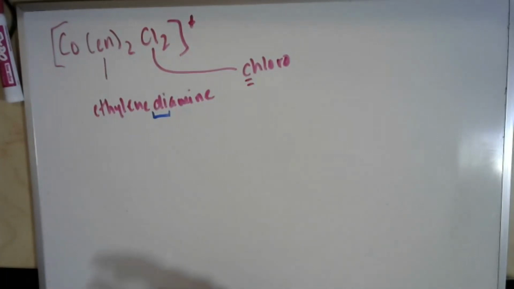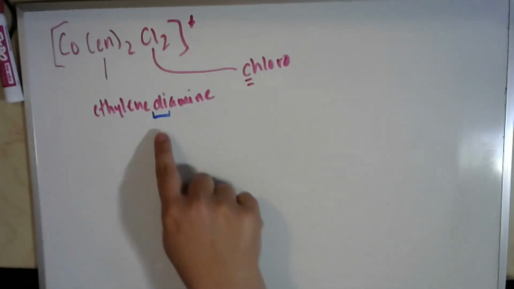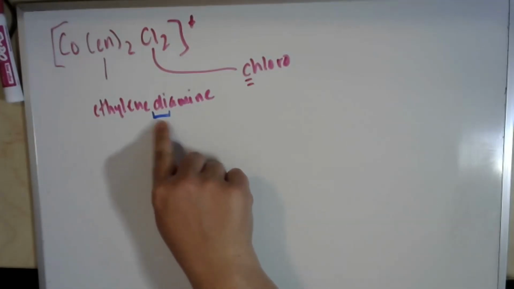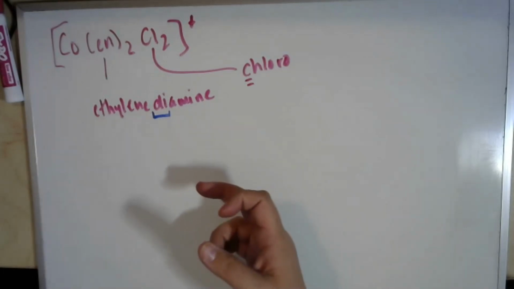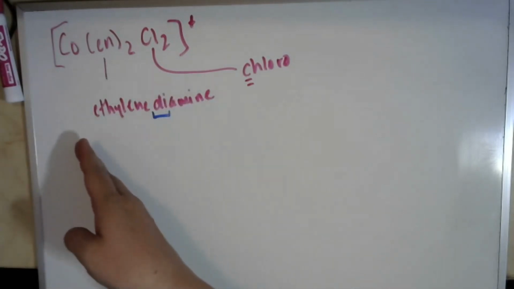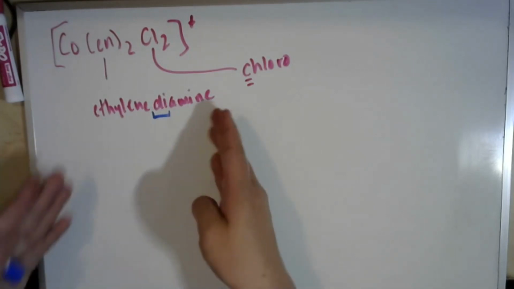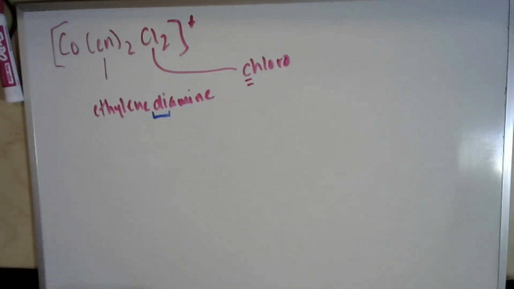The rest of them are going to be normal. But for ethylene diamine and EDTA, there is at least one prefix, and in the EDTA there's more, within the name of the ligand itself. So they're going to need a different prefix out front that indicates there's more than one of these full ligands. But we'll get to that when we're doing the number part.